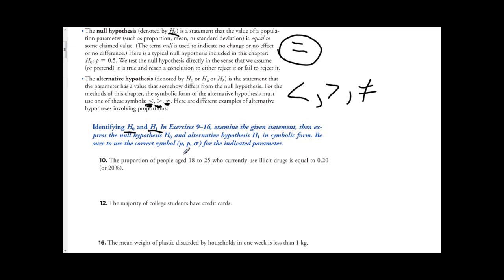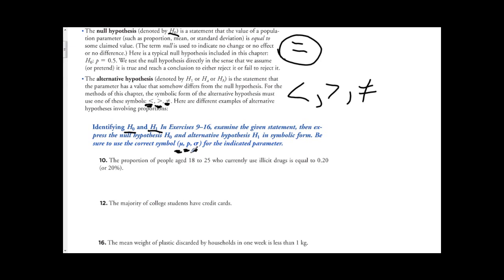Be sure to use the correct symbol. So we're going to be making statements about either a mean, in which case we use mu, a proportion, in which case we would use p, or a variance or a standard deviation, in which case we would use sigma. All right, so these are the three parameters that we're going to be making claims about.